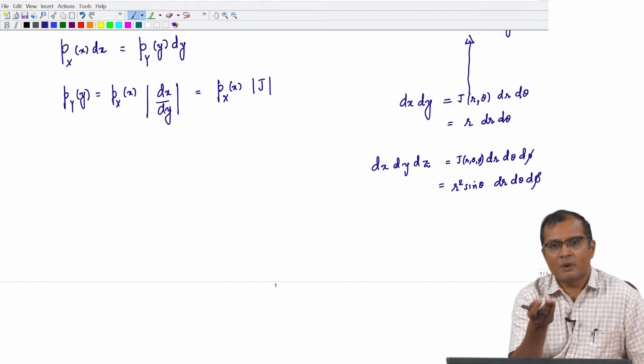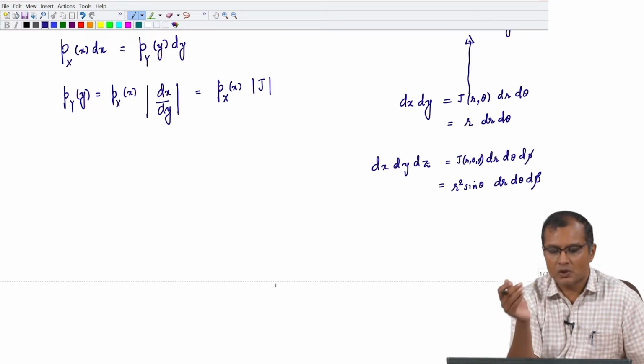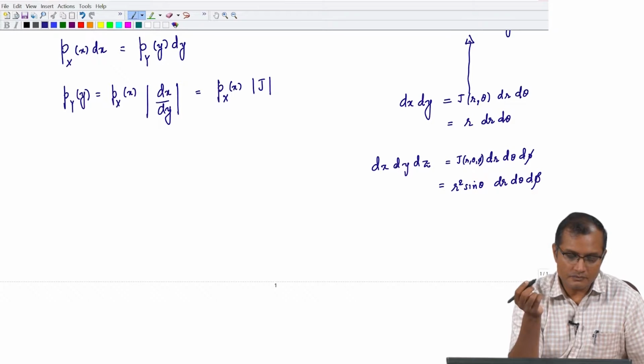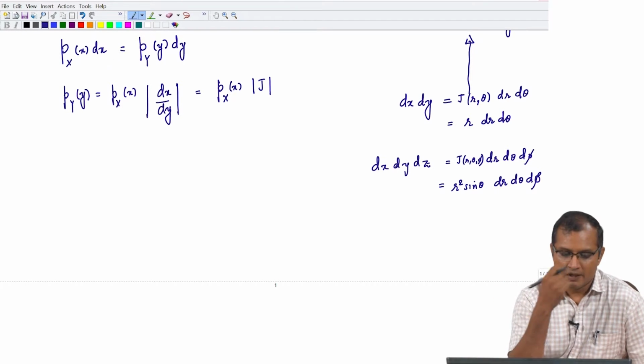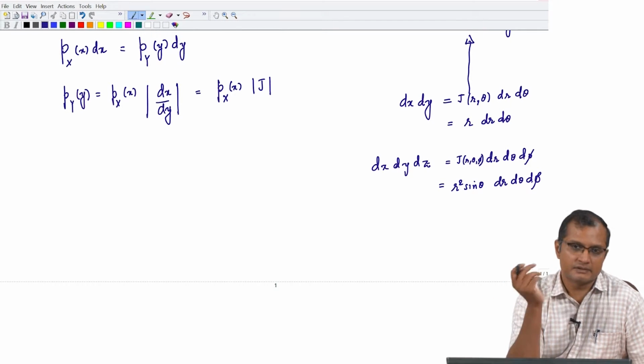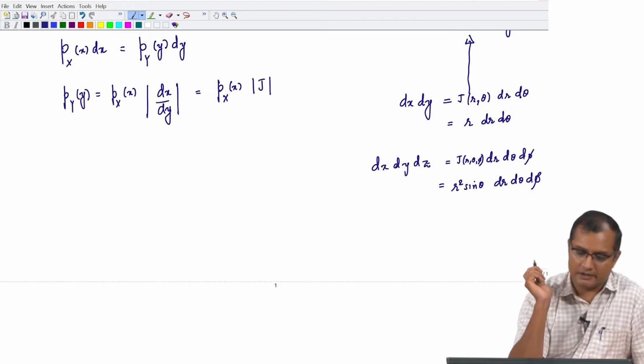So, we are dealing with a one dimensional random variable. So, we do not have an area or a volume, we have a length. So, our Jacobian simply tells us how length is magnified. So, dx by dy is the Jacobian here, or the length magnification factor.